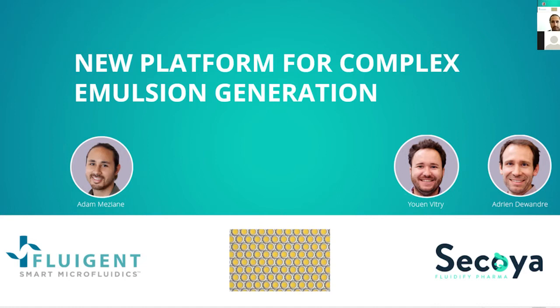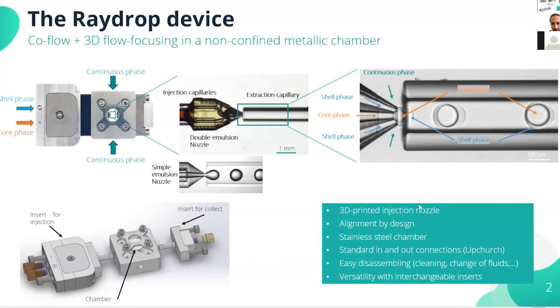I'm Youn, and I will start with the Redrop device. Maybe some of you already know this device, maybe some don't, so I will start from the beginning. The Redrop device is a microfluidic device based on capillary technology, on which we use a 3D printed nozzle to have real repeatability from one device to another.